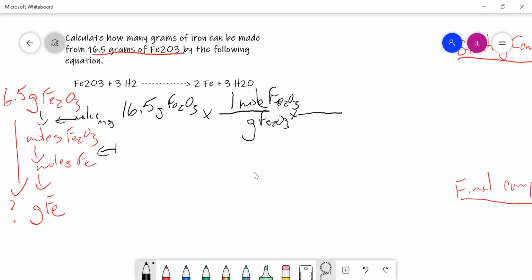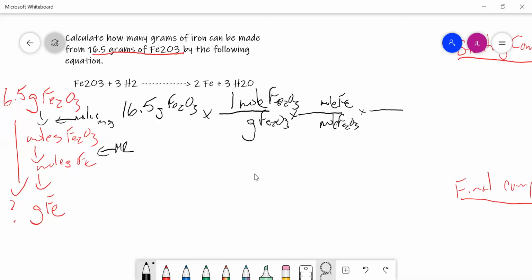We've got moles of Fe2O3. Now we can use our molar ratio to get to moles of Fe. So if I have moles of Fe2O3 on top, I'm going to do moles Fe2O3 on the bottom, and then we'll have moles of Fe on the top.